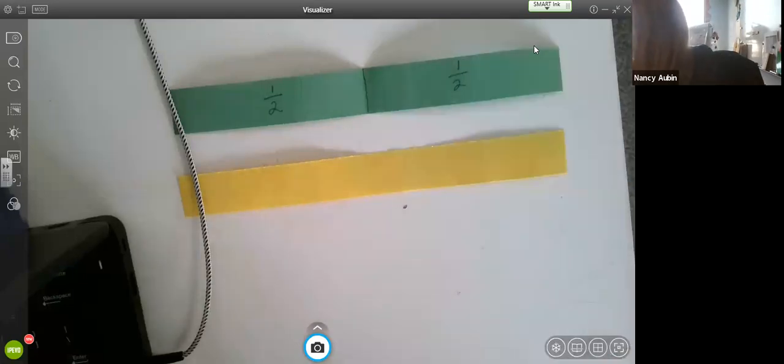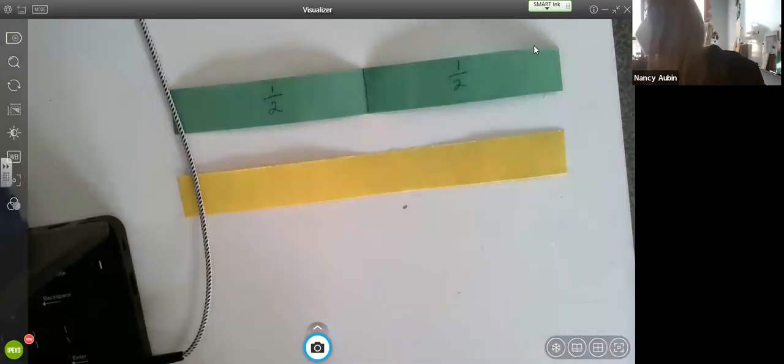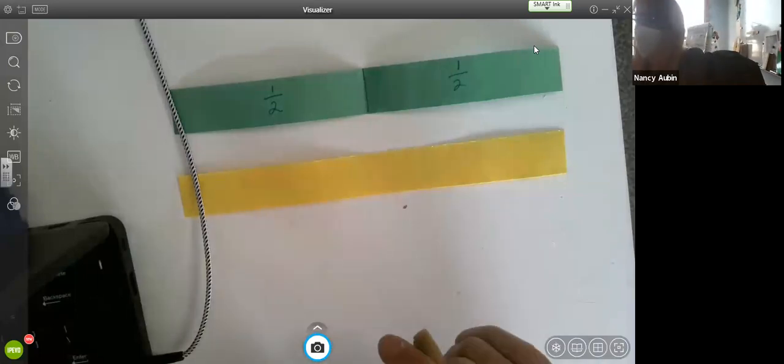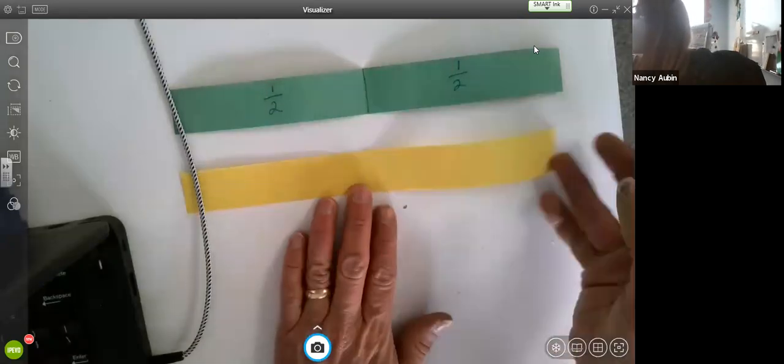Stop and listen. Well, that would be fourths. We don't want fourths. What are you thinking, Josh Carter? So halves, we don't want halves. We want thirds.